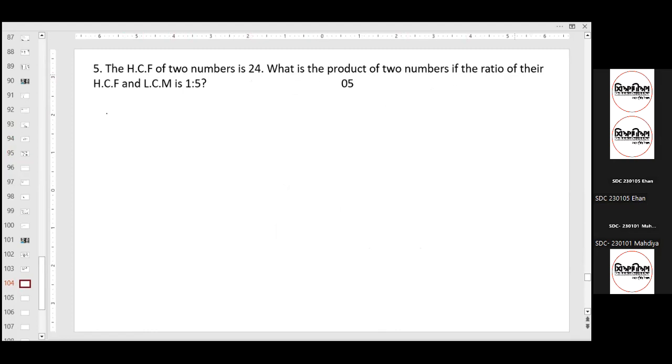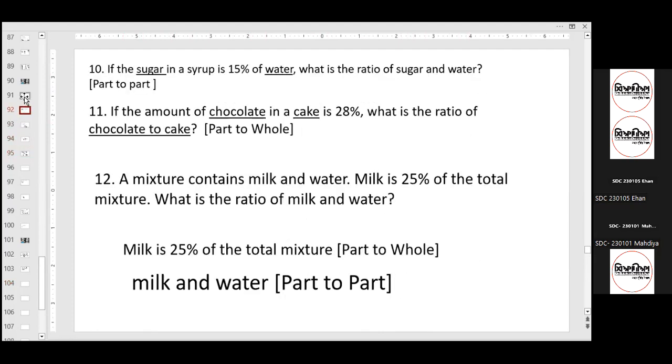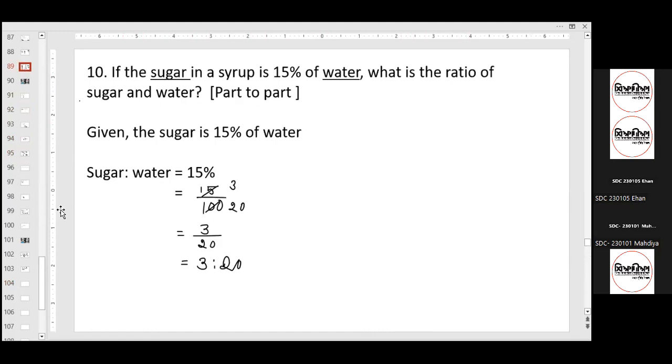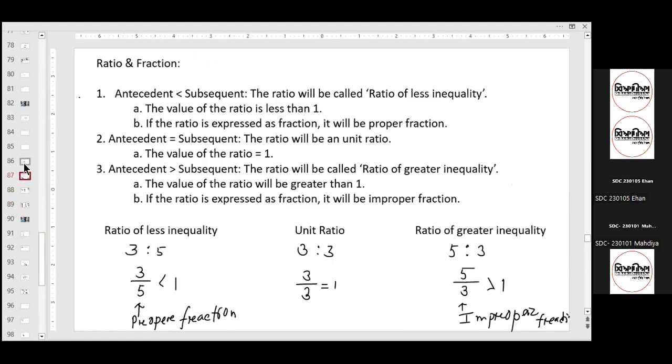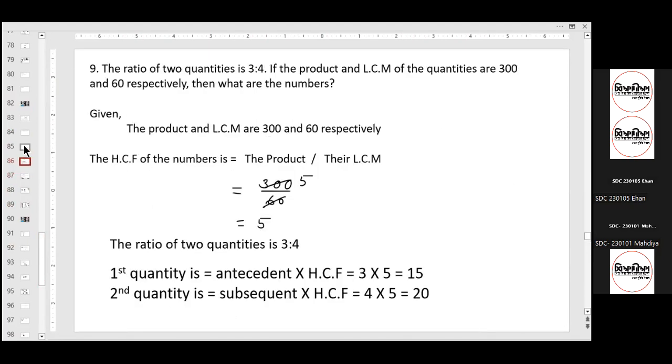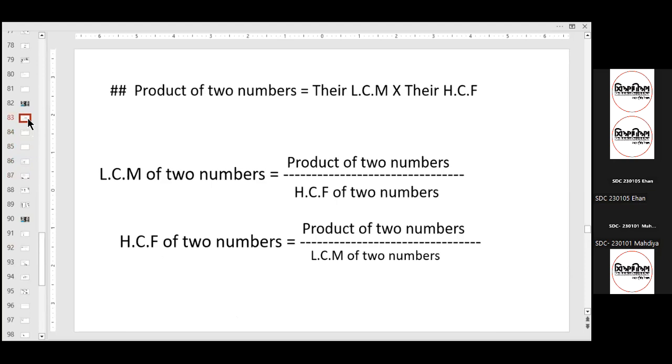What is the product of the two numbers? The ratio of HCF... Okay, so it's not that formula, it's the formula we used before. This is the formula we need in order to solve that math.